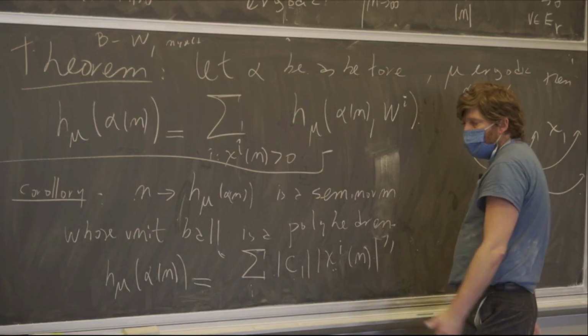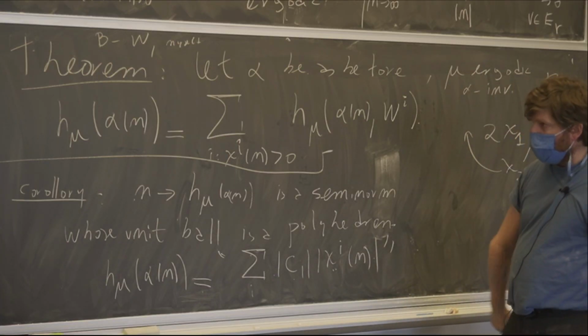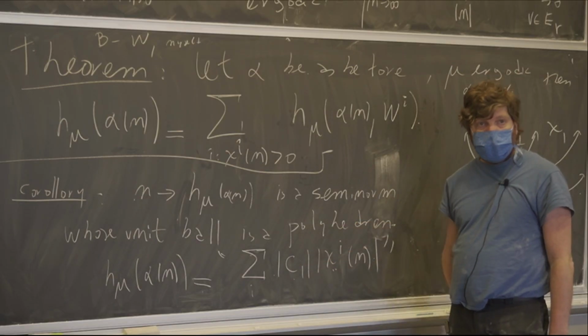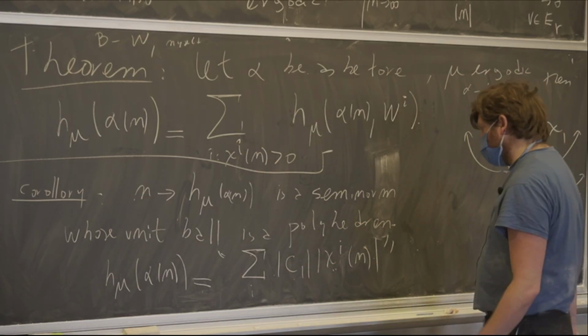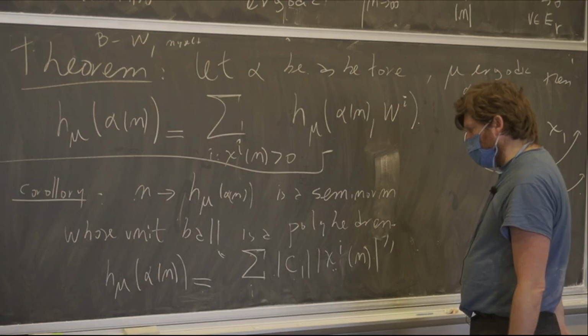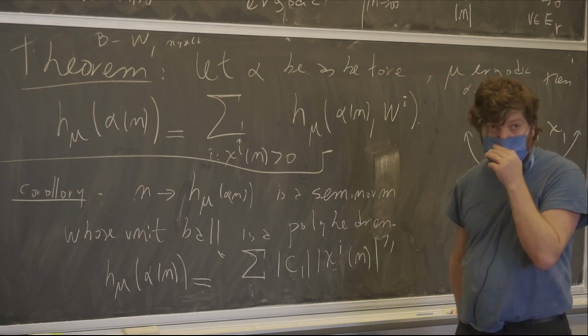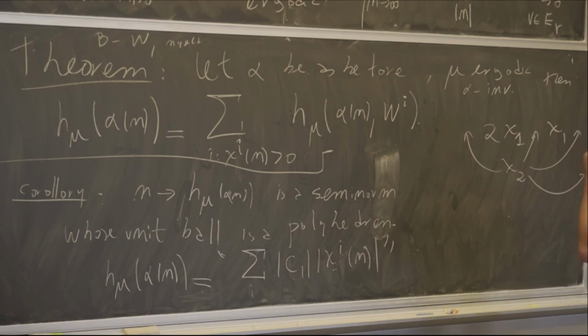Maybe the Ci's are not the same Ci's as before; they are different Ci's chosen accordingly with the 1/2 and all this business. But that's how the entropy norm looks like.